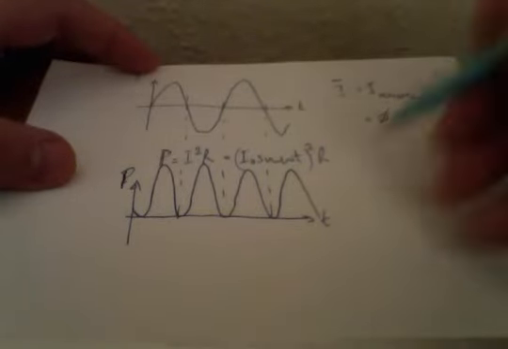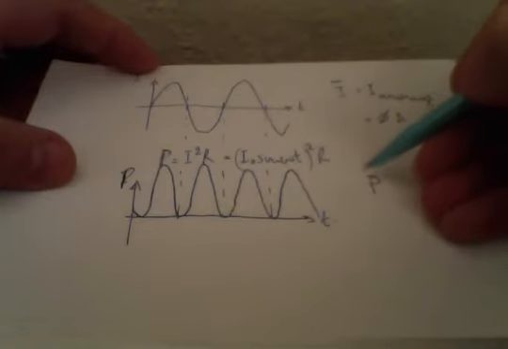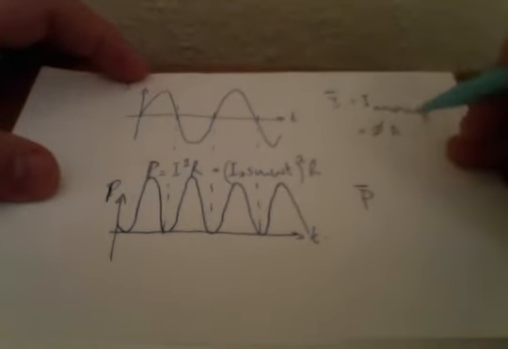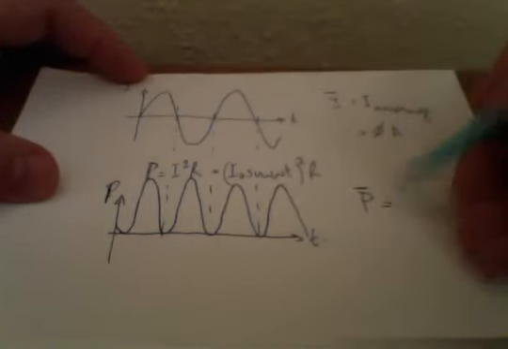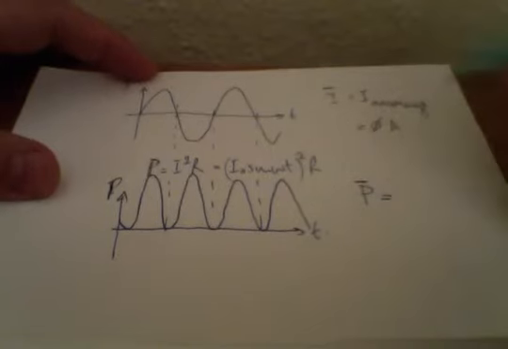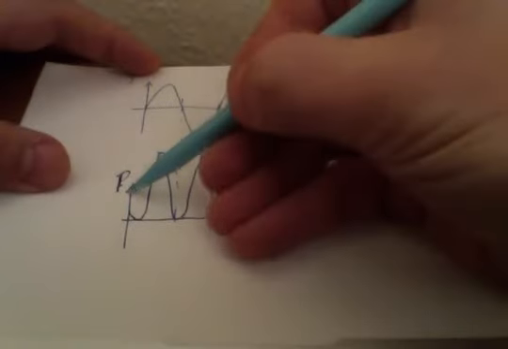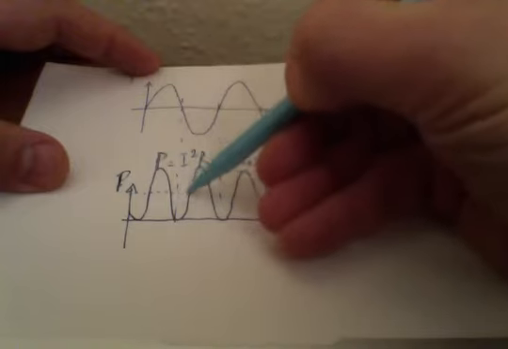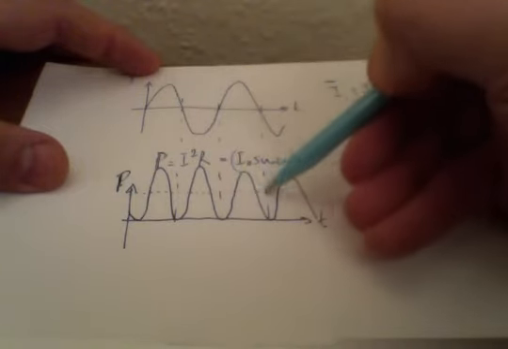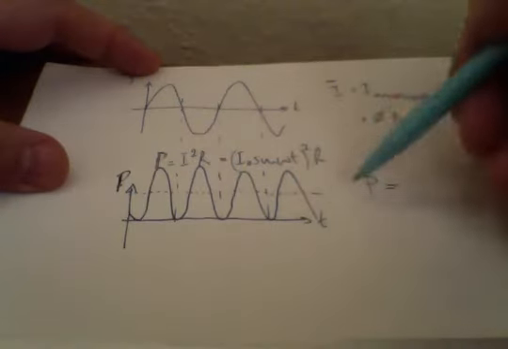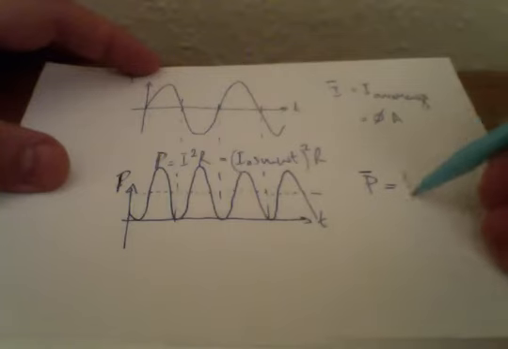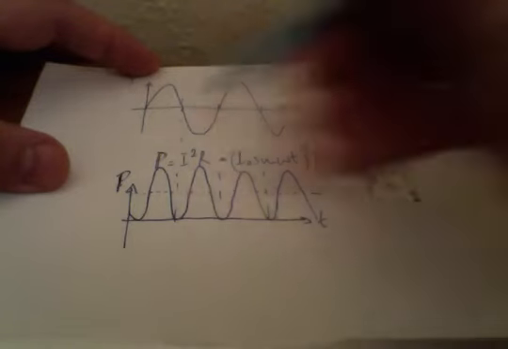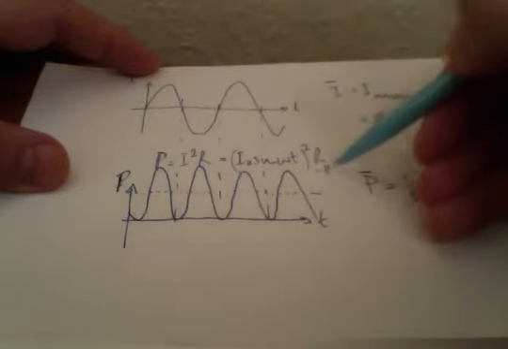But it's constantly varying. So therefore, I'm trying to look for my average power output. And my average power output is going to be equal to, well, what you notice about sine squared is that the average value for sine squared is a half. It's a half whatever the max value is.